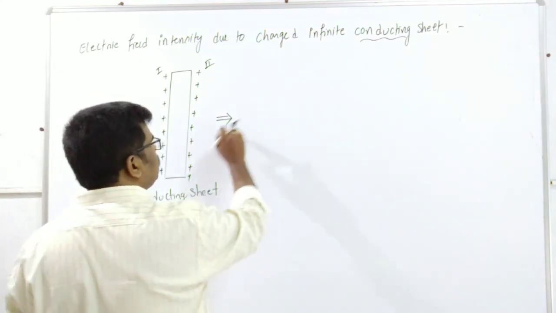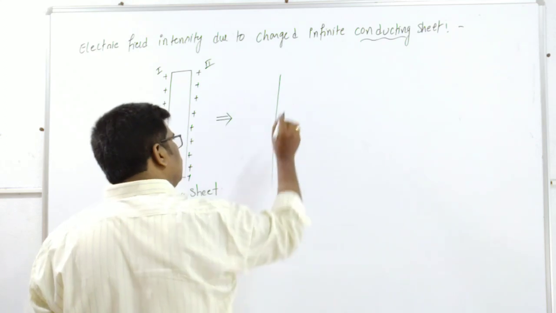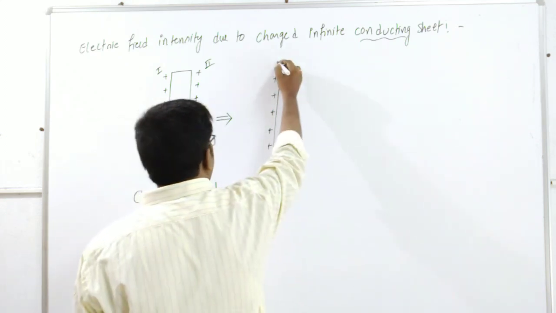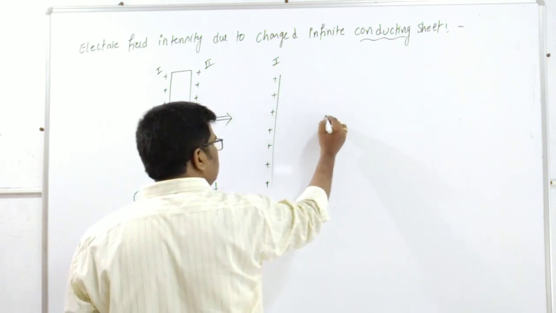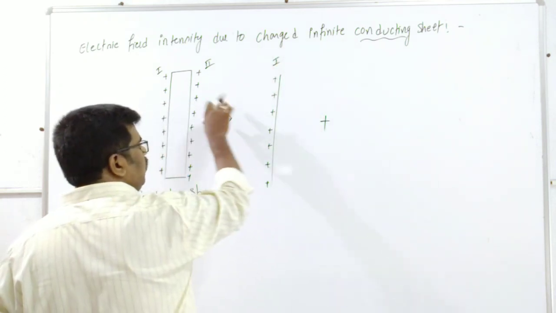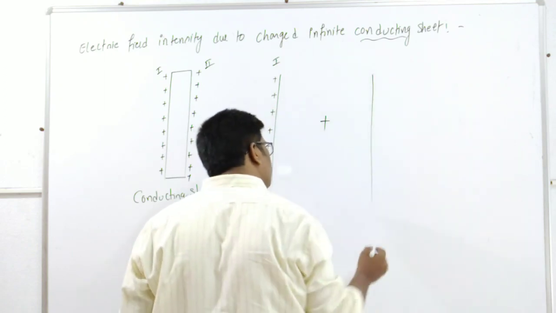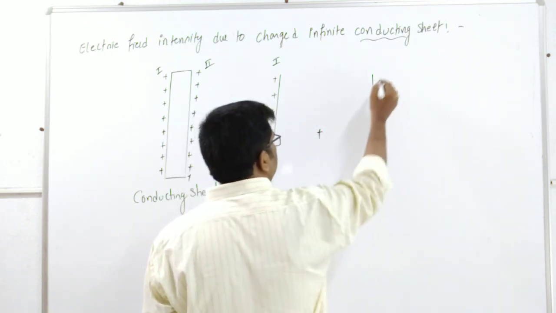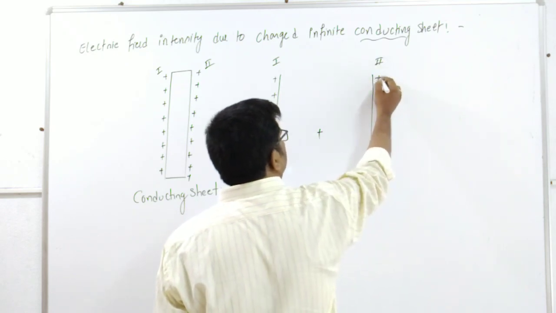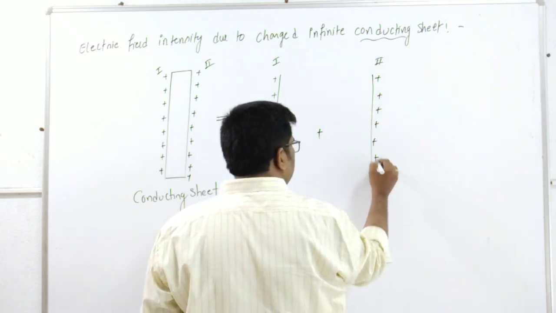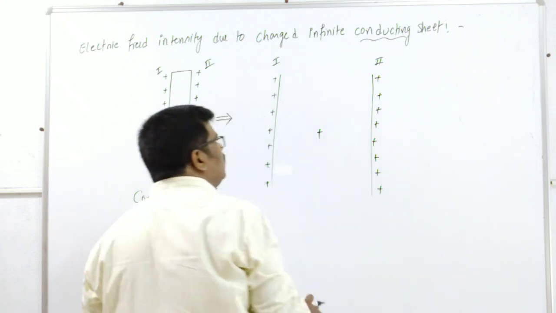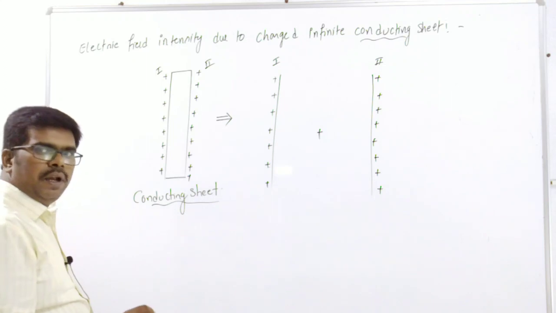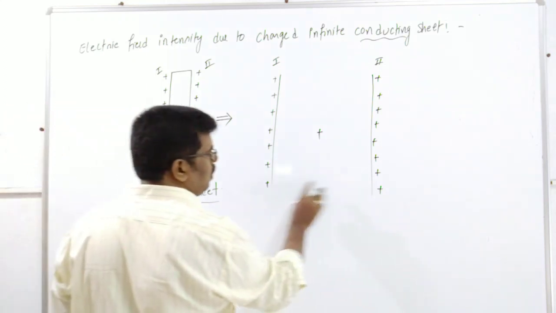So I am writing this as one conducting sheet, a combination of the first one plus the second one. It is a combination of two like this. The second one is another non-conducting sheet.